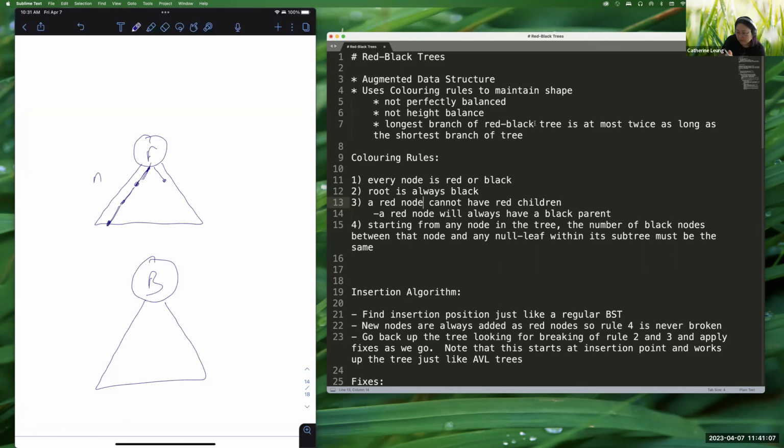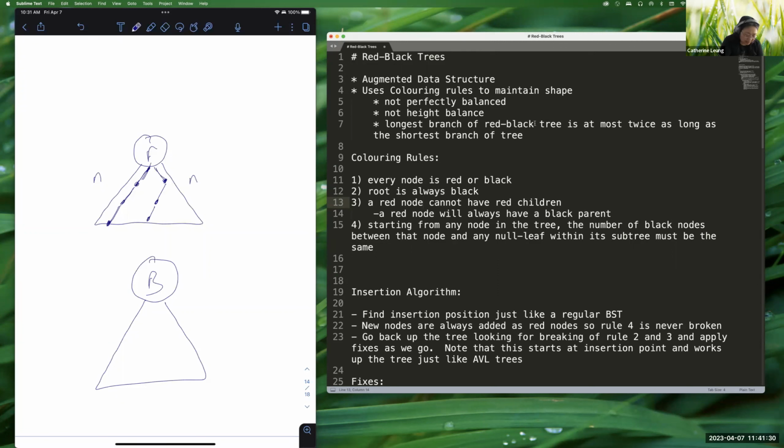Where n could be any number, doesn't matter, okay? It's just greater than or equal to 0, so it's just a number, okay? Whatever that number is. Now I know that no matter which branch I look at and I count how many black nodes there are, they will all be n black nodes, okay?